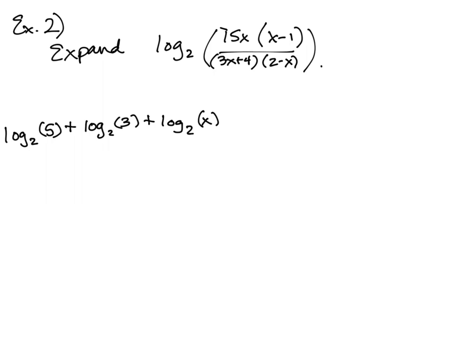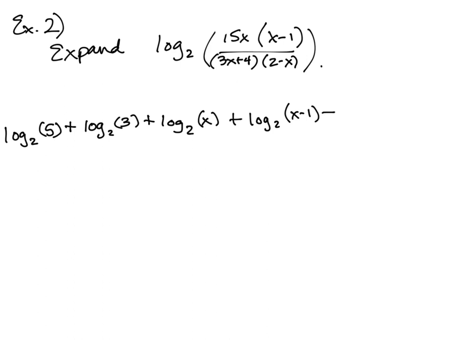That handles the 15x. What's happening between the 15x and the x minus 1? They're multiplying, aren't they? So we can add log base 2 of x minus 1. I don't have to do anything to expand that particular argument because it's not a product. Then we divide by 3x plus 4.